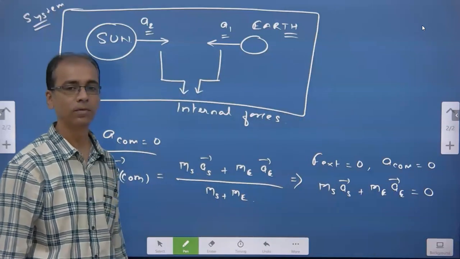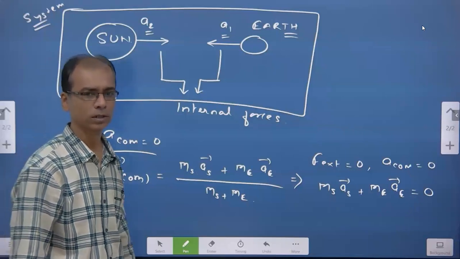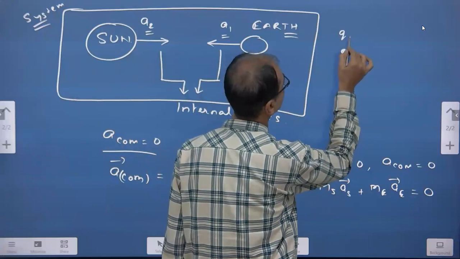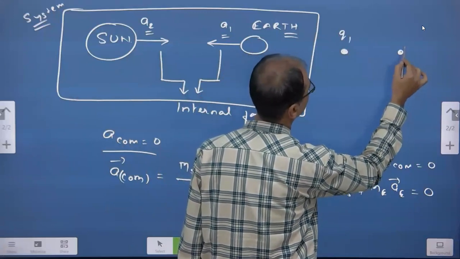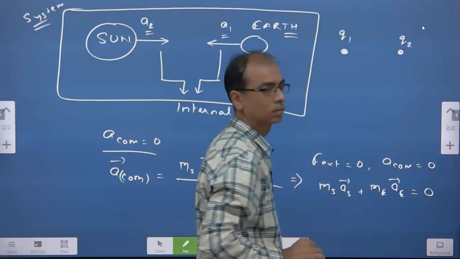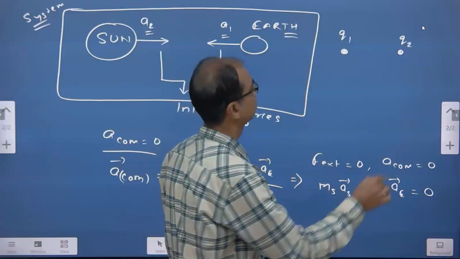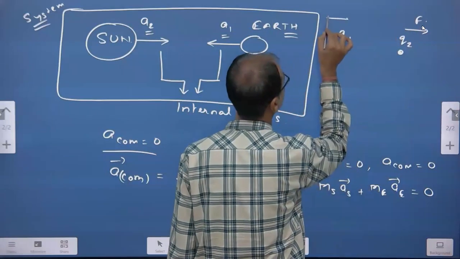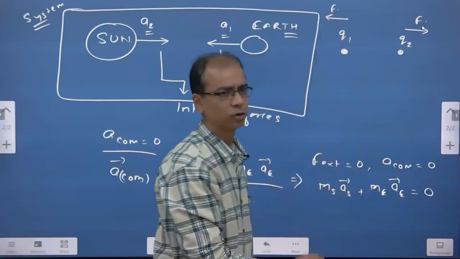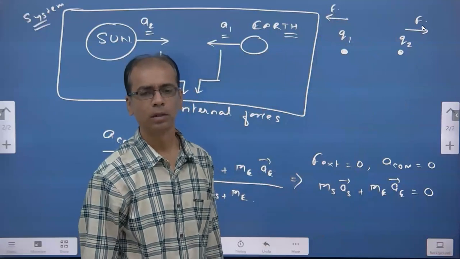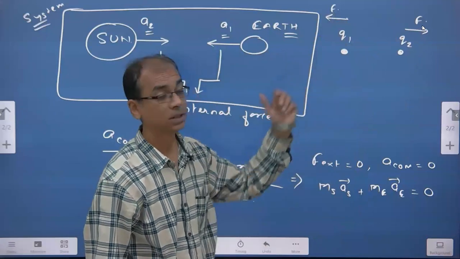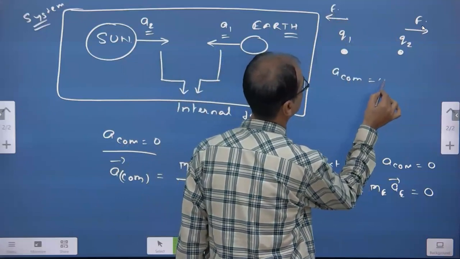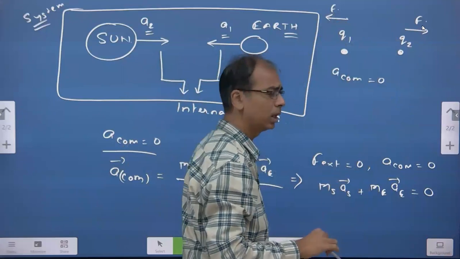Second example: electrostatic force, two charges. Say two charges Q1 and Q2 are given. Both apply force on each other, a repulsive force. Is any external force there? No external force. So acceleration of center of mass is 0 here also. Does it mean they are not going to move? They are going to move.